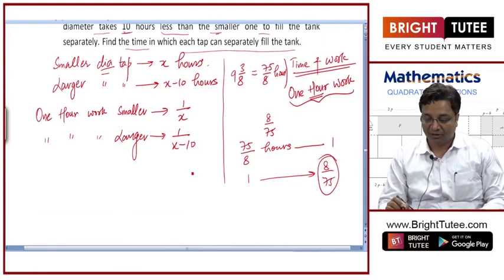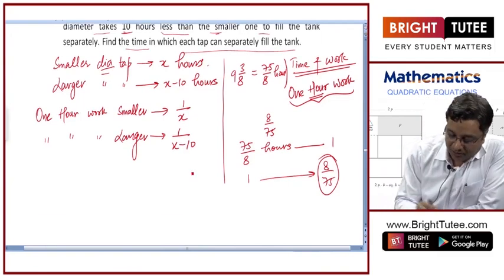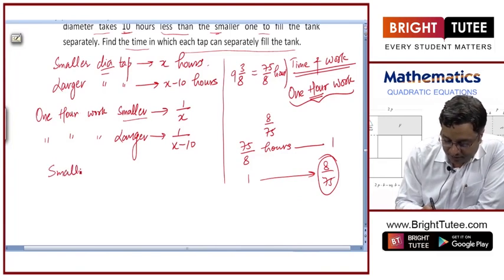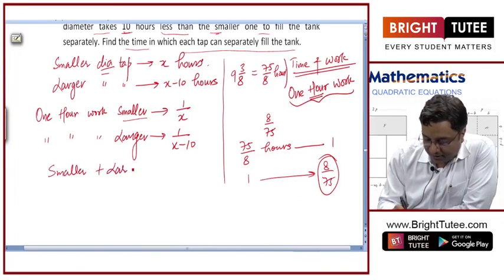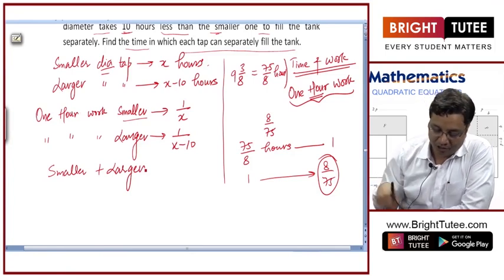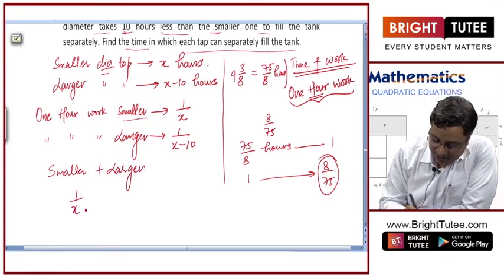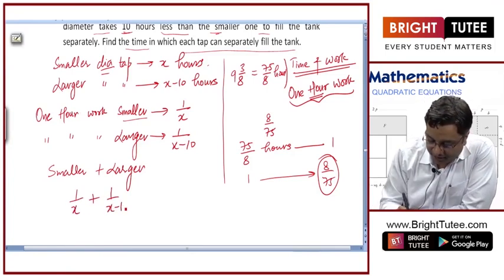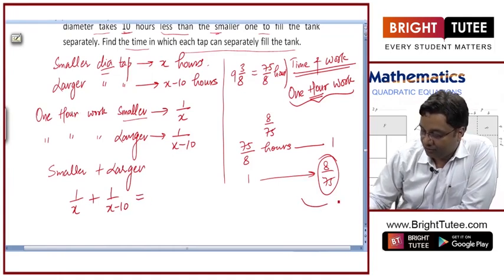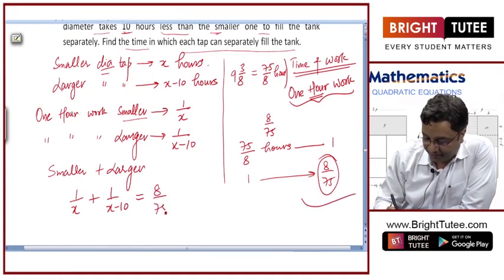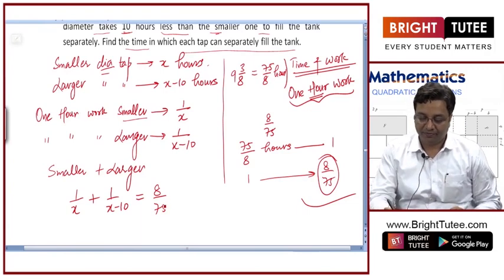So now the question becomes very simple. Now the 1 hour work of the smaller plus larger tap, how much will it be? 1 by x plus 1 by x minus 10, and it is equal to 8 by 75, right?